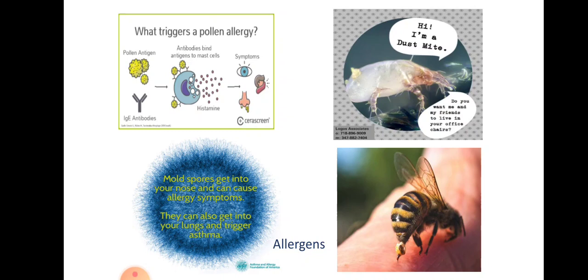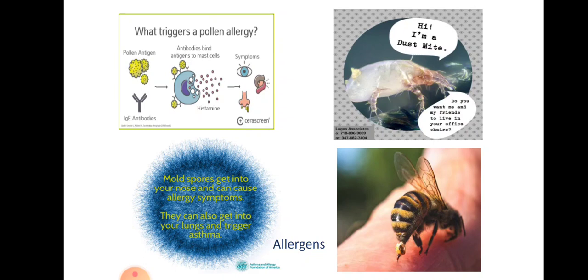Next is the dust mites. These dust mites are hidden in the carpets and rugs, which may cause an irritating sensation or itchy nose or itchy eyes. And next is the mold. The mold spores get into your nose and can cause allergic symptoms, and they can also get into your lungs and trigger asthma. Next is the sting bite.